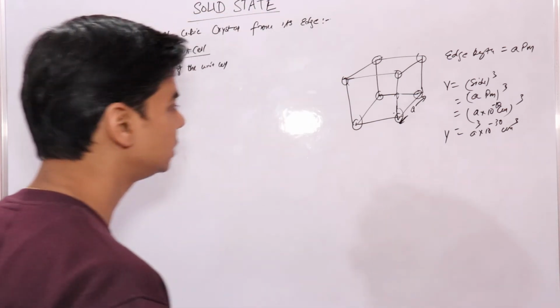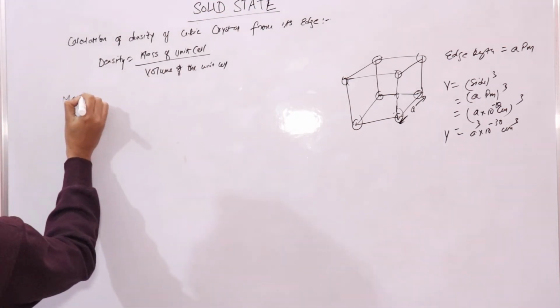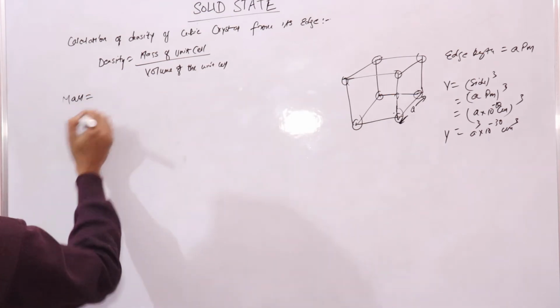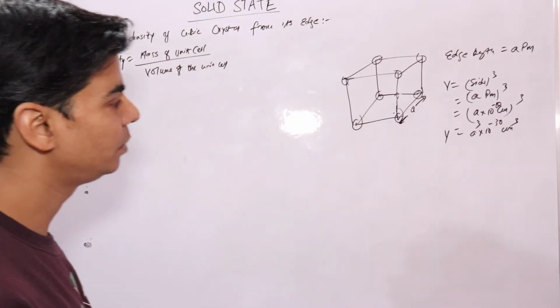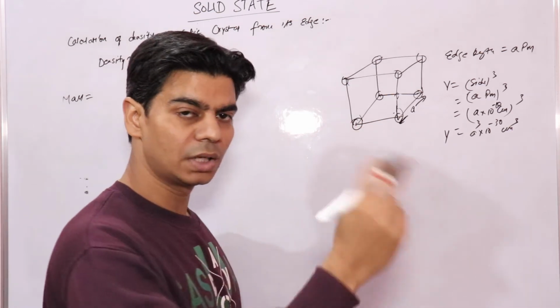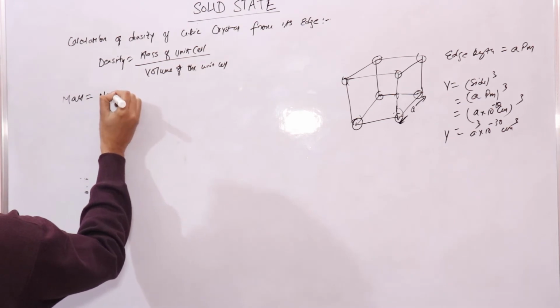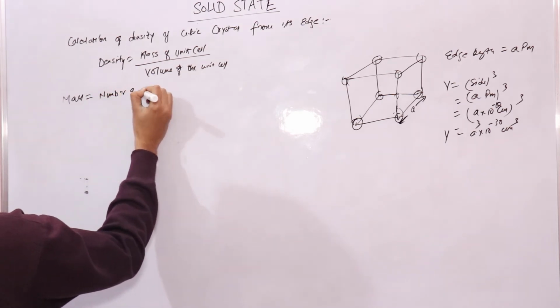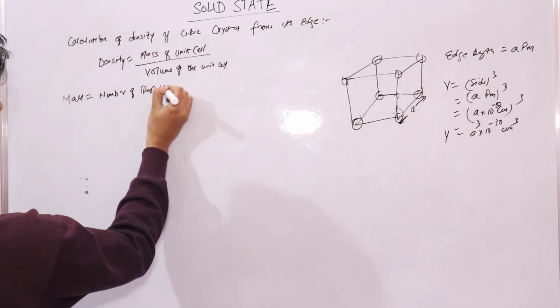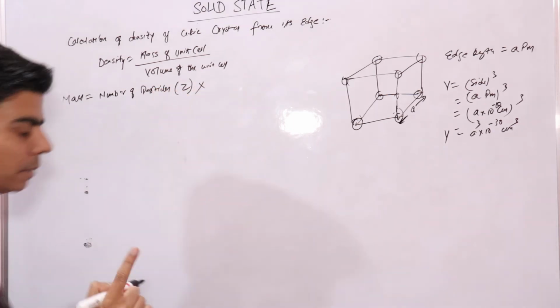Now the other thing that we need to calculate is the mass of the unit cell. If this is the unit cell, then the mass of this unit cell would be equal to the number of particles, let's say represented by Z, into the mass of one particle.